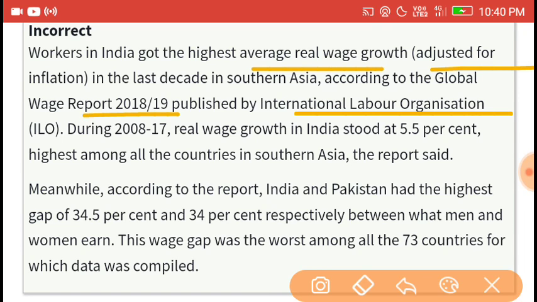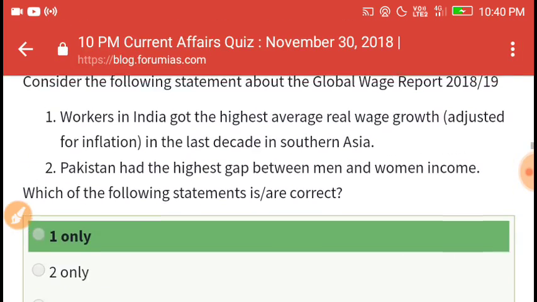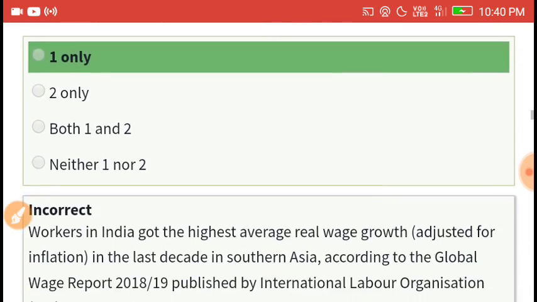During 2016 to 17, real wage growth in India stood at 5.5%, highest among all countries in South Asia. Meanwhile, India and Pakistan had the highest gaps, 34.5% and 34% respectively, between men and women earnings. This wage gap was the worst among all 73 countries for which data was compiled. So Pakistan had the highest gap? No, it is India.